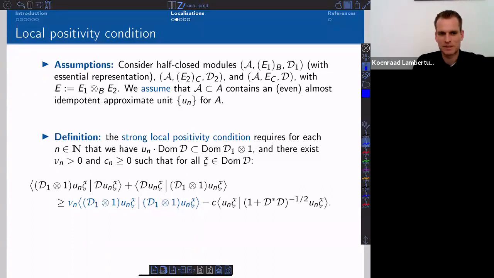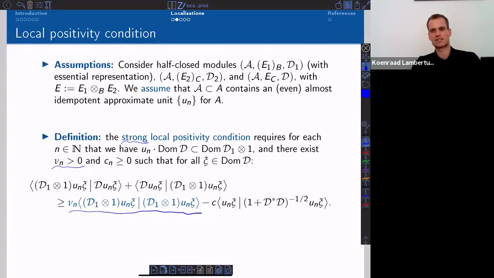And then the second step is I've strengthened this local positivity condition a little bit. This is what I then called a strong version of the local positivity condition, which adds an additional term in the right-hand side of the estimate. It's important here that this constant UN is strictly positive. Being 0 is not good enough.